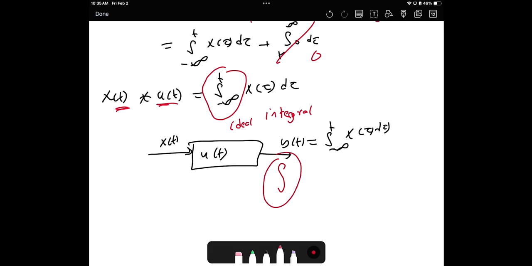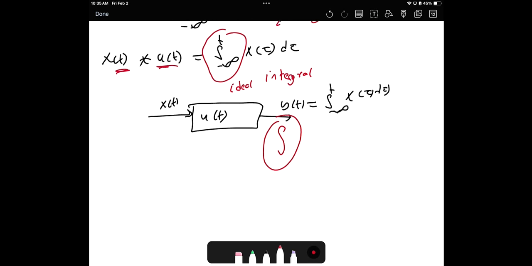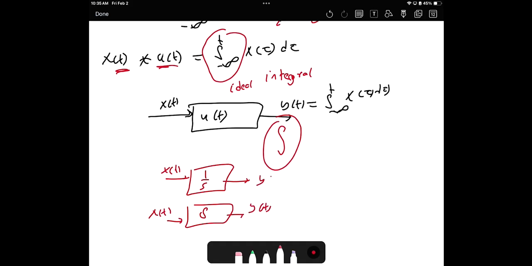So in an LTI system, if you want to do integration, just apply it on u of t, and u of t will do the integration. It looks like in a block diagram, you have a signal x of t and you have 1 over s, which is the integral symbol. I'm not sure if you are familiar with the Laplace transform; 1 over s means integration.